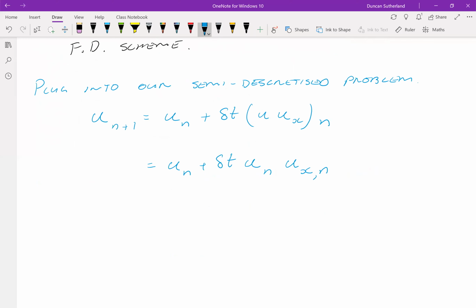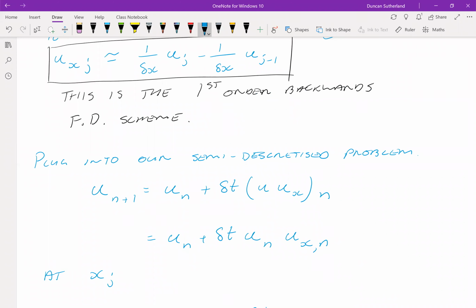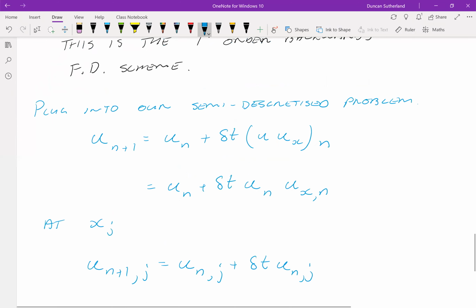Now we're going to plug in different spatial levels. So this is going to be at the jth point, at xj, right? So we've got to make this at xj as well. U^(n+1)_j equals u^n_j plus delta t u^n_j. Now we replace this with our finite difference scheme that we found here, where we write subscripts in time as well.